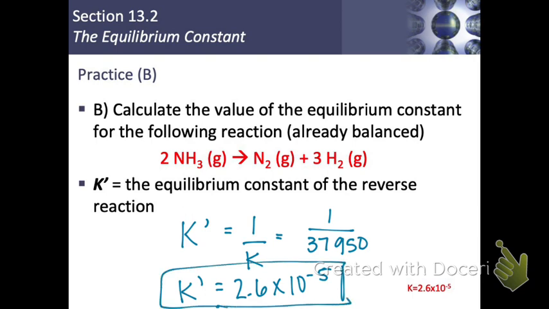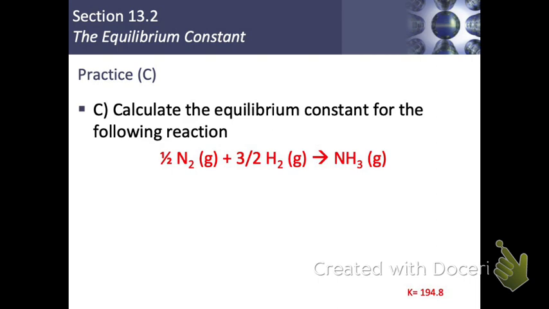So if it ever asks you for the equilibrium constant of the reverse reaction, we're just going to flip it, we're going to do it backwards. Or if you already know K, you can do the inverse of that K. You can use the same concentrations, but they cut the reaction in half. So let's see how that changes our K value.